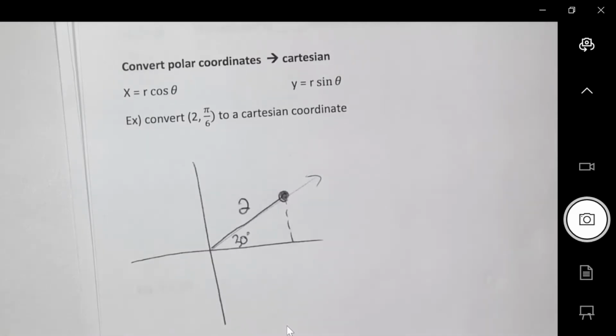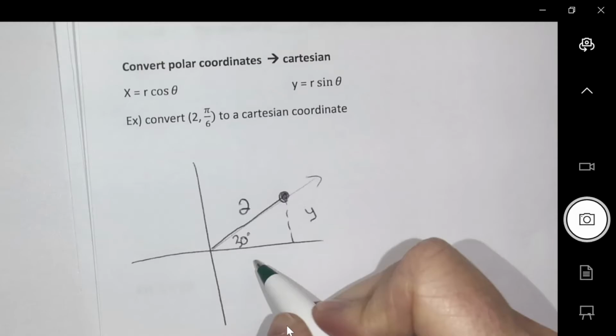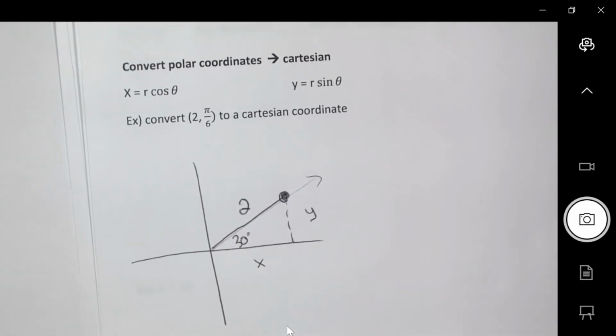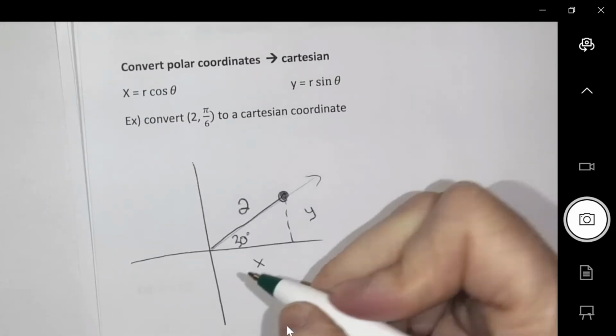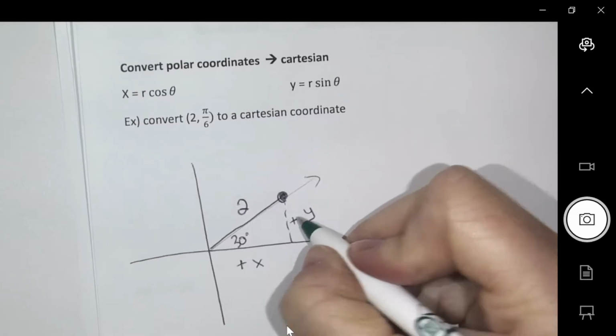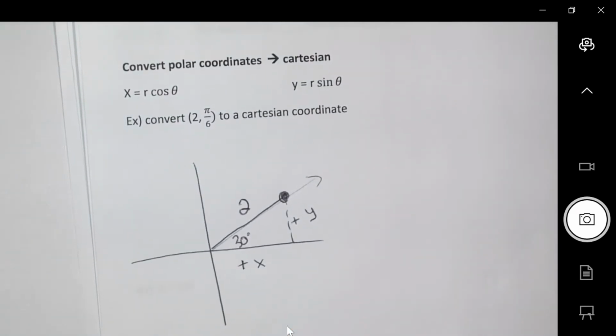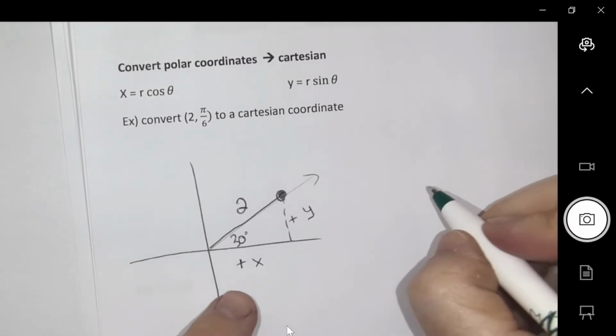Okay. This is y, and this is x. What do you know about the positive, negative values of x and y right now? Just looking at it. This is going to be both positive. Okay, now I'm going to go back to the SOHCAHTOA stuff, or you can just use the ratios that are on your sheet again.